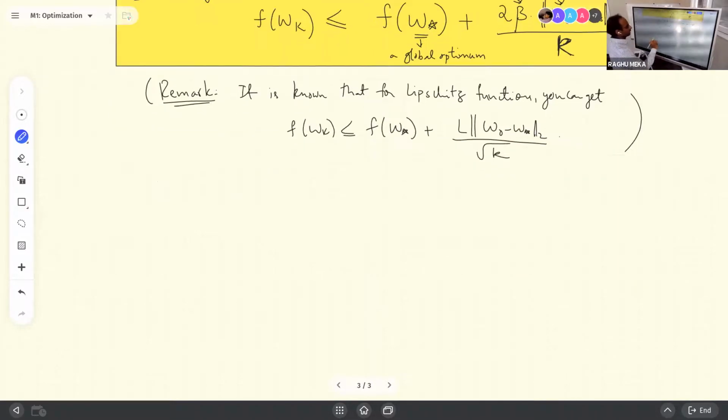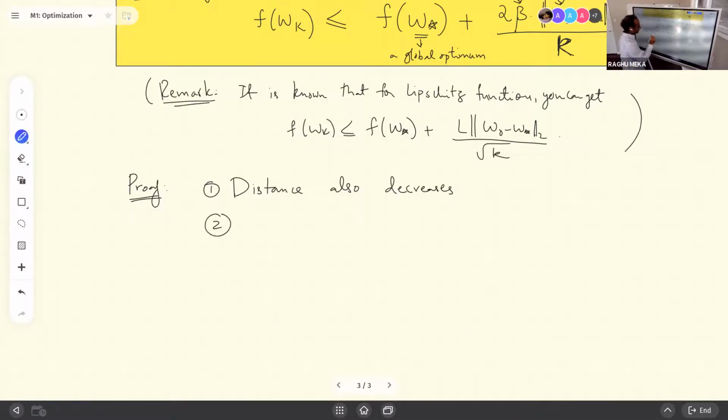So let's start with that. So proof, we'll first show that distance also decreases. Okay, so what do I mean by distance also decreases?